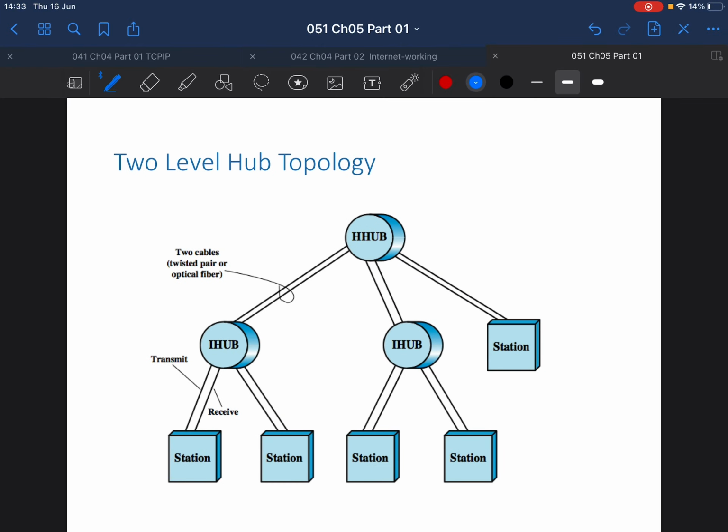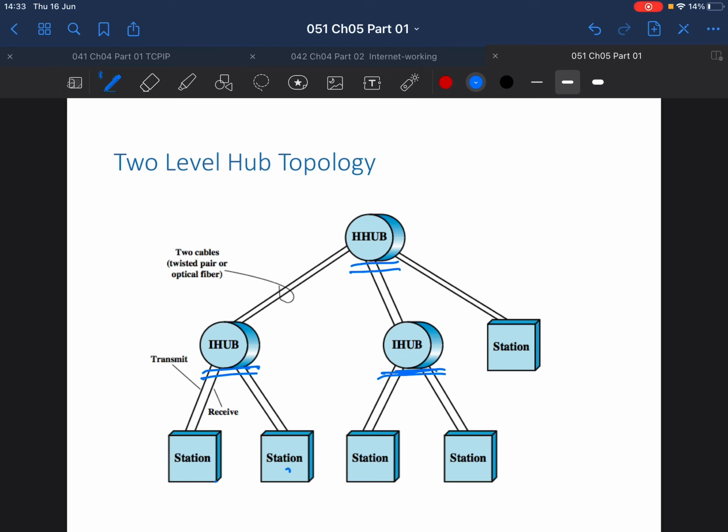Two-level hub topology. So this is an example of a two-level hub topology. You have one hub at one level and another at another level. A hub is connected to a hub, with two cables or a pair of optical fiber. In this, two stations are connected to one hub and another two stations are connected to another hub.